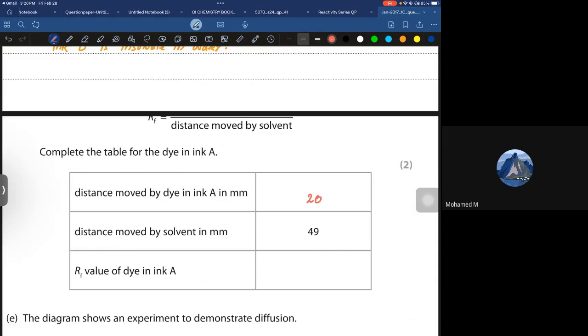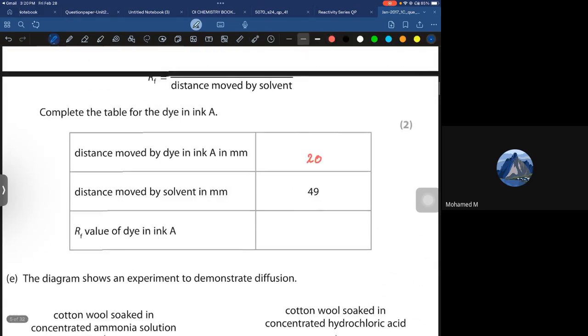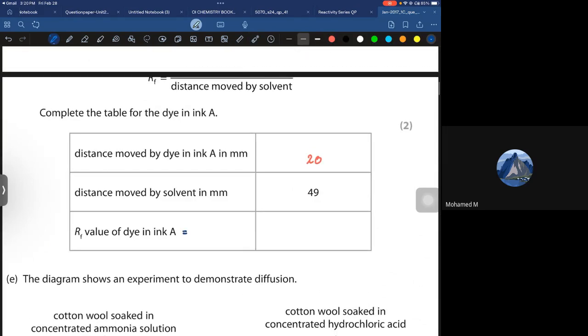And then the RF value. They have given you the distance of the solvent, that is 49. You know the formula for RF value? RF is equal to the distance of solute divided by the distance of solvent. The distance of solute is given to you, that is 20, and the distance of solvent is 49.